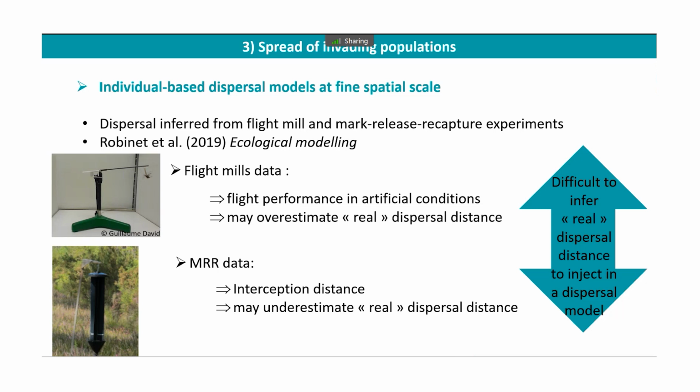My colleagues released some insects, and then there were traps all around. In this case, we can retrieve an interception distance, not really a dispersal distance. And we believe we can thus underestimate the real dispersal distance. So finally, it is quite difficult to have a good idea of the dispersal capability of the insect.